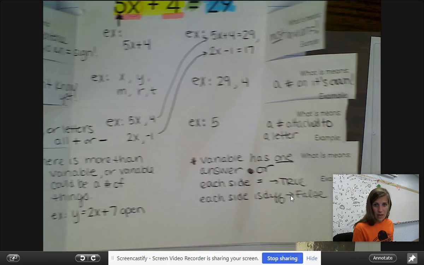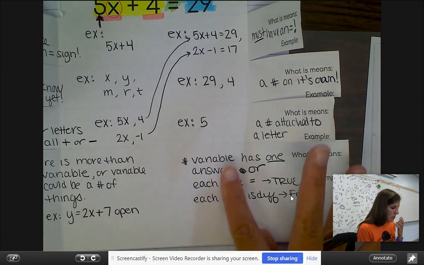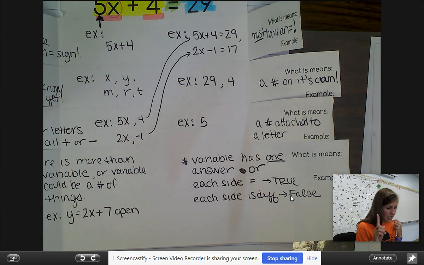So this is where things get a little bit sketchy, the stuff at the bottom here. So we're going to try some examples on page 8 to sort of clarify some things. So we could have a true or false equation if the variable has one answer, and it's true when both sides are the same, and it's false if the sides are different on my equal sign.